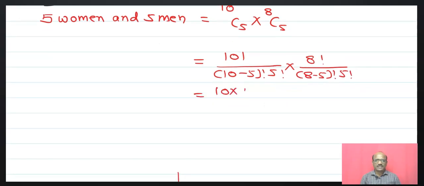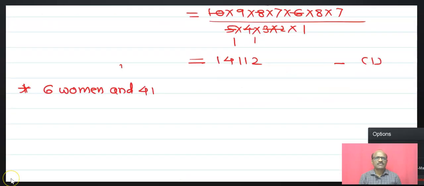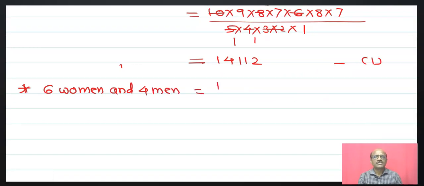That is 10 into 9 into 8 into 7 into 6 into 5 factorial, denominator 5 factorial into 5 factorial into 8, 7, 6, 5. That is, 5 factorial gets cancelled. The result is 14,112.